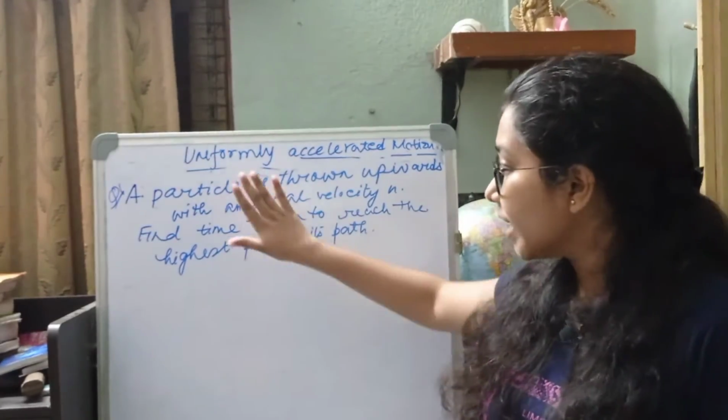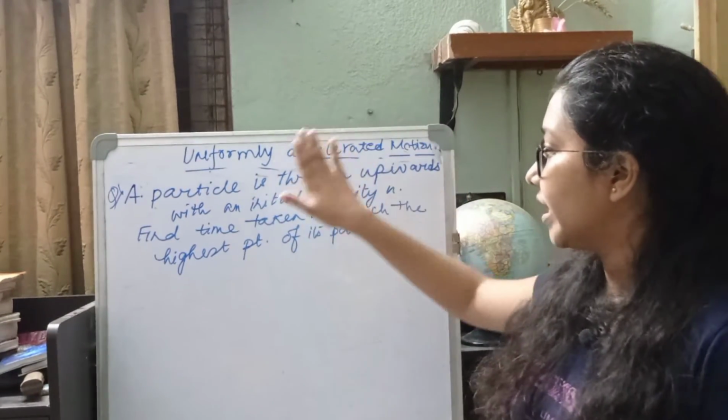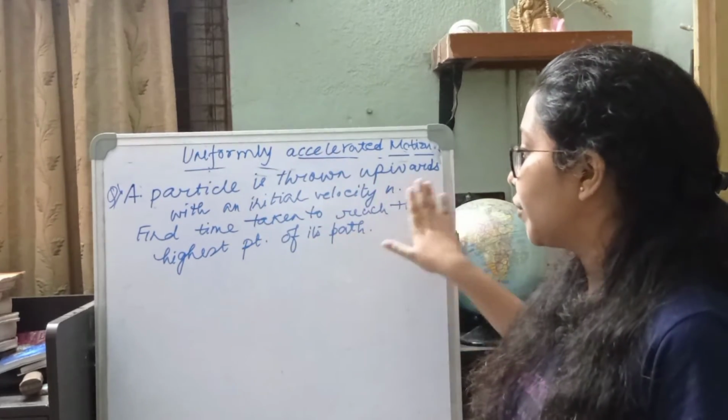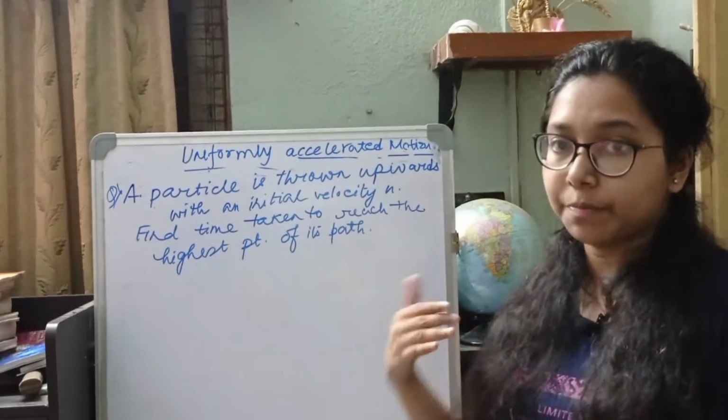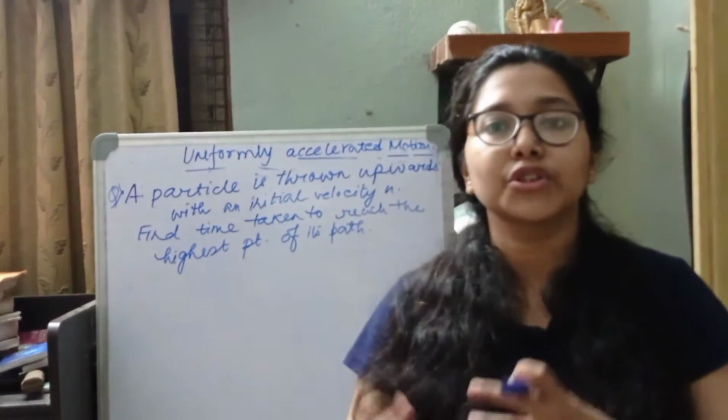Now as you can see in the second question, a particle is thrown upwards with an initial velocity u. Find the time taken to reach the highest point of its path. So it is a generalized sort of question.